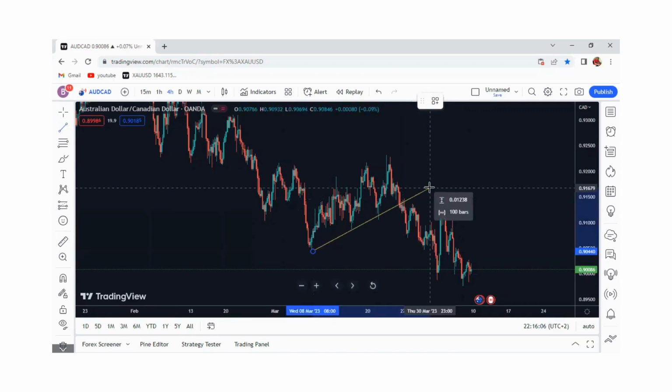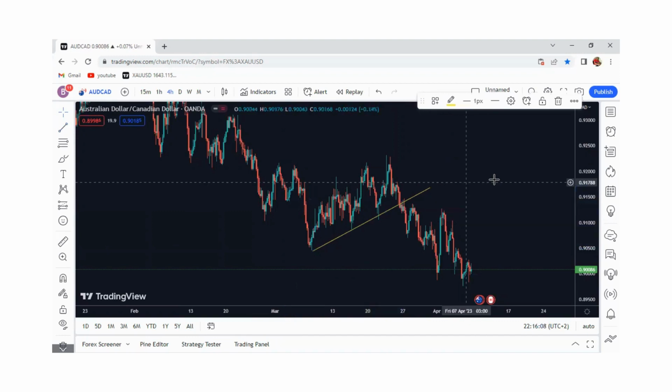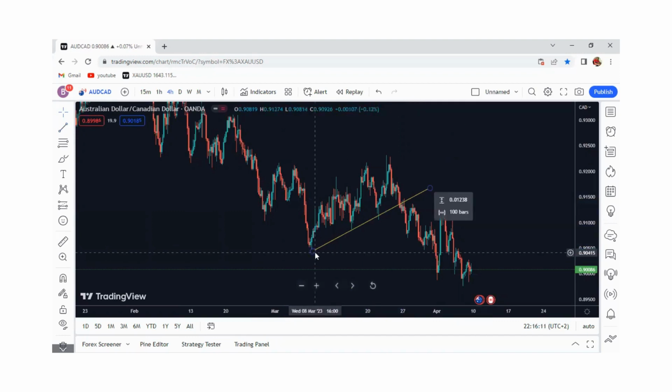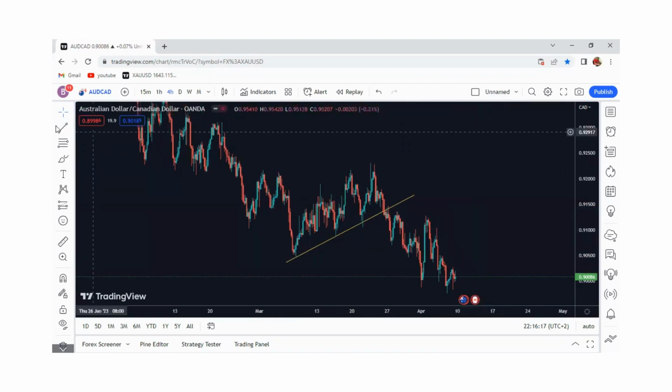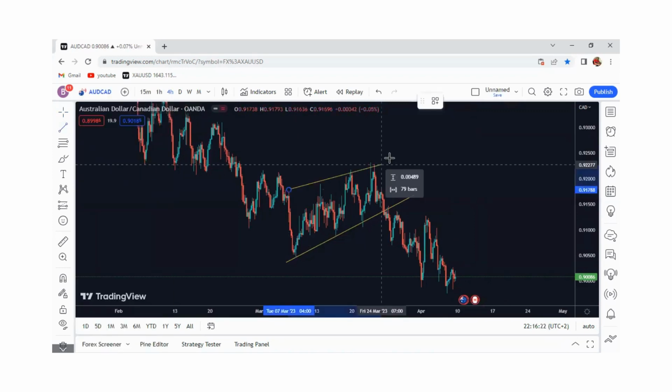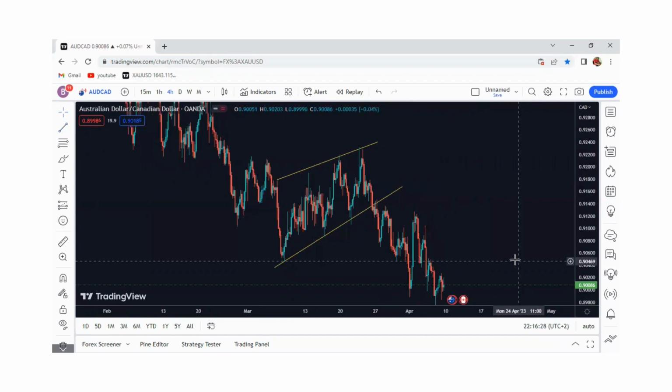You can see zones are extremely important, especially on the bigger time frame. I prefer the 4 hour on zones and on the risk entry. I also prefer the bigger time frame.